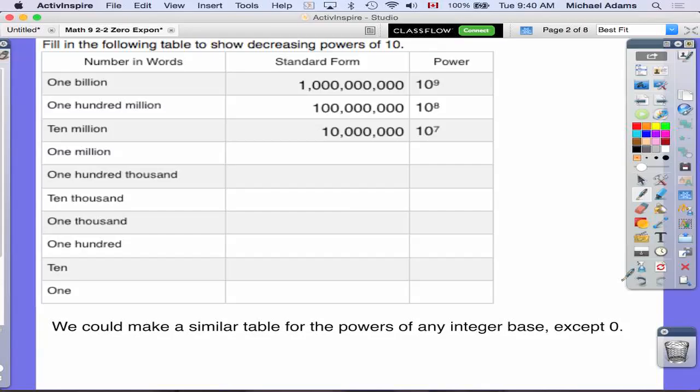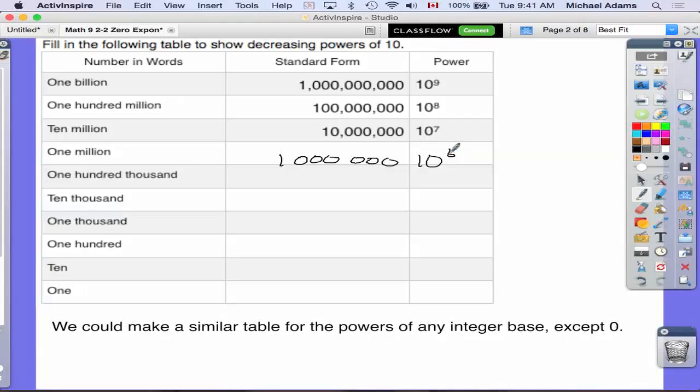Now if I take a look at 10 million, this is what it looks like, it has 7 zeros, so it's 10 to the exponent 7. So now let's write out 1 million. How many zeros would 1 million have? 6. So it'll be 1 and then 6 zeros. Now, what would it look like as a power? Right, 10 to the power 6, or we say 10 to the exponent 6. And then we continue this pattern as we go on.